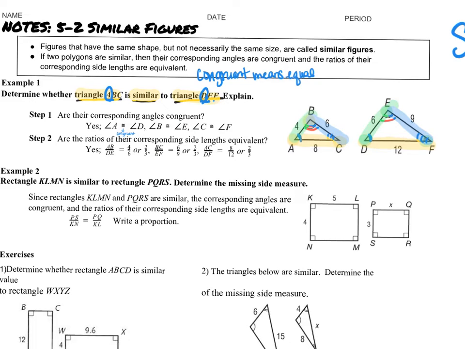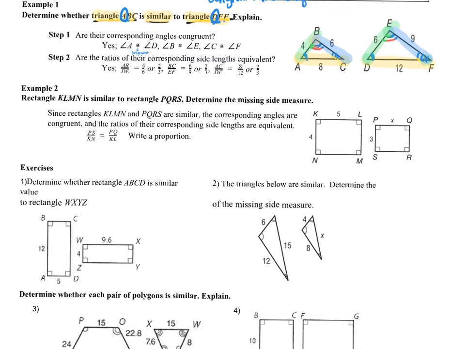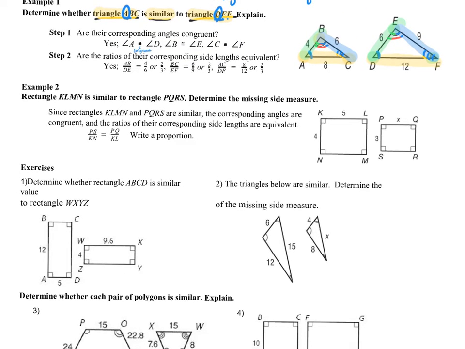So based on that statement, let's look at this KLMN and PQRS. Order tells us that's the order that we need to go by. So obviously all the angles are congruent because it's a rectangle, right? But angle K and angle P are the congruent matching angles.